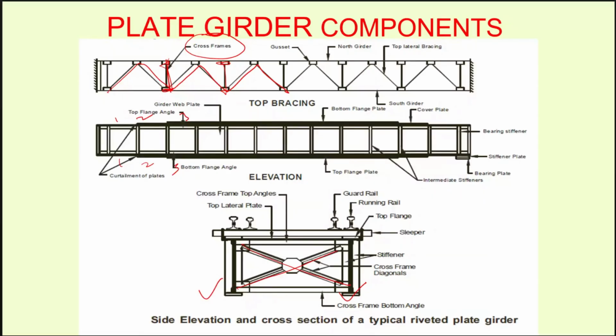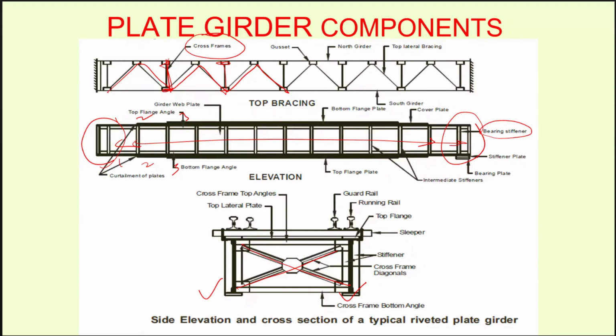Then another part of this plate girder bridge is the stiffener. So at the end near the bearing, we have a bearing stiffener, and all the other stiffeners we can say are the intermediate stiffeners. This bearing stiffener and intermediate stiffener have a very important role to make the main I-girder perform effectively.